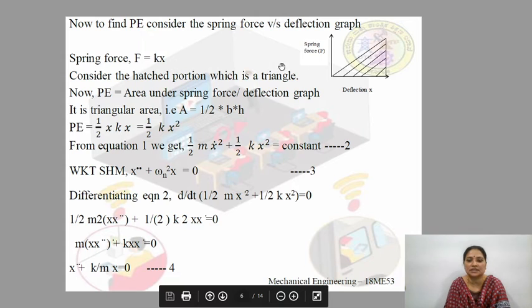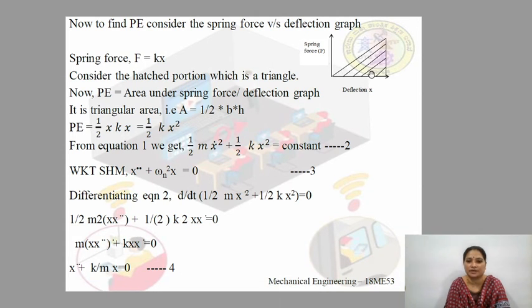we consider the spring force versus deflection graph as shown in the figure. The spring force is represented as F and the deflection as x. We consider spring force along the y-axis and deflection along the x-axis. The spring force versus deflection of the spring mass system is always a linear curve.